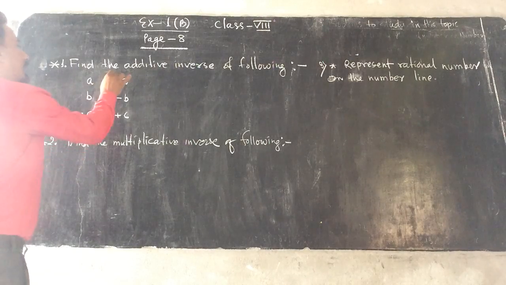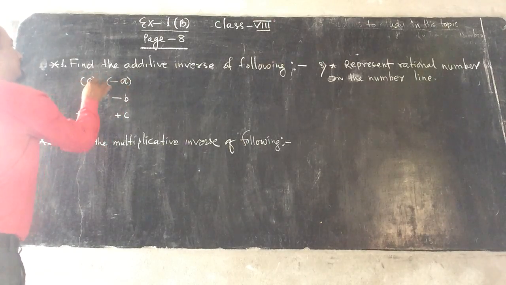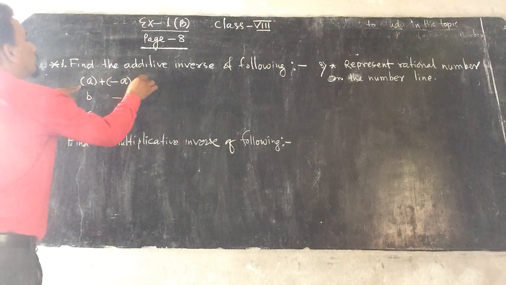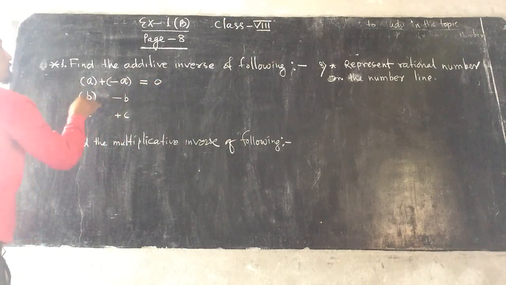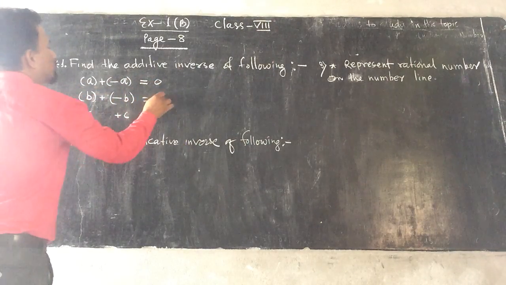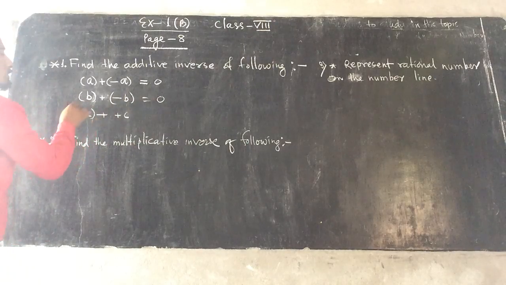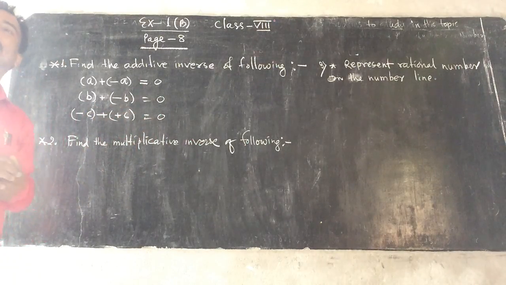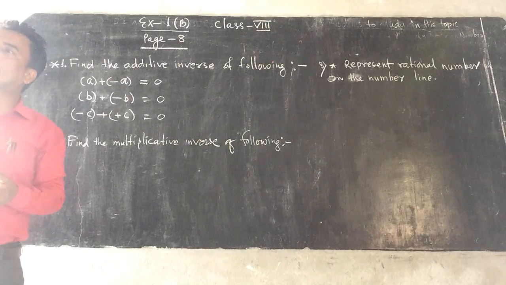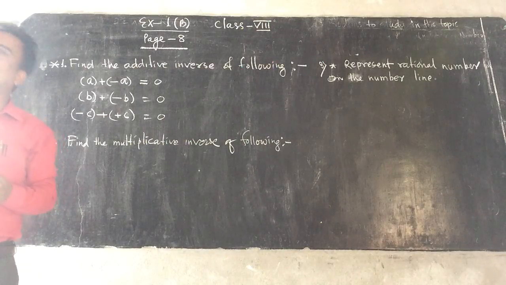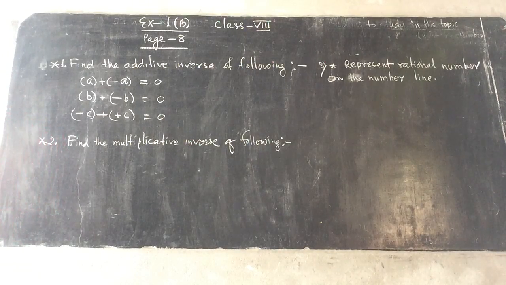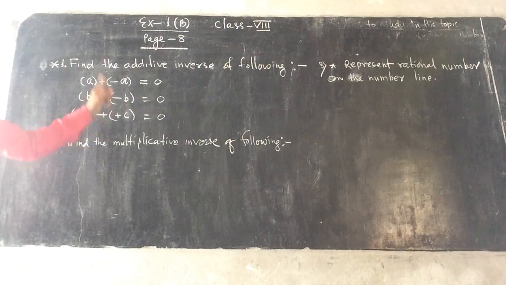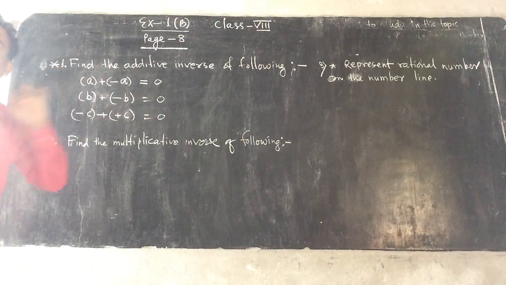If you add up these two, you will get 0. Additive inverse of any number always gives 0 on adding. That is called additive inverse.